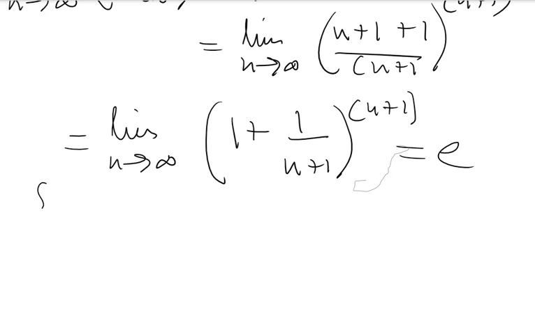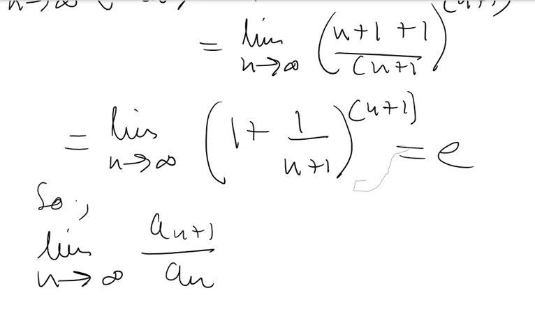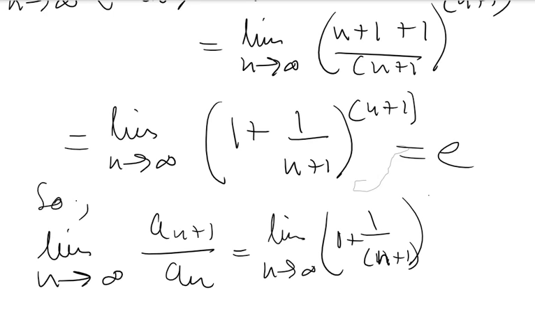Alright. So limit n tends to infinity of a n plus 1 by a n is equal to limit n tends to infinity of 1 plus 1 by n plus 1 whole to the power n plus 1, which is equal to e.